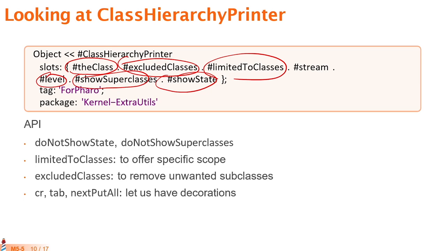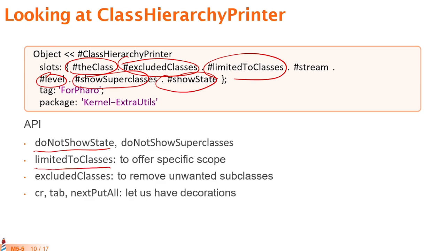to configure it. We can configure it directly, saying, okay, class printer, I don't want you to show the instance variables. When we send this message, it will store that in an instance variable, knowing whether to show the state or not. Or we may want to limit it to some specific collection of classes.